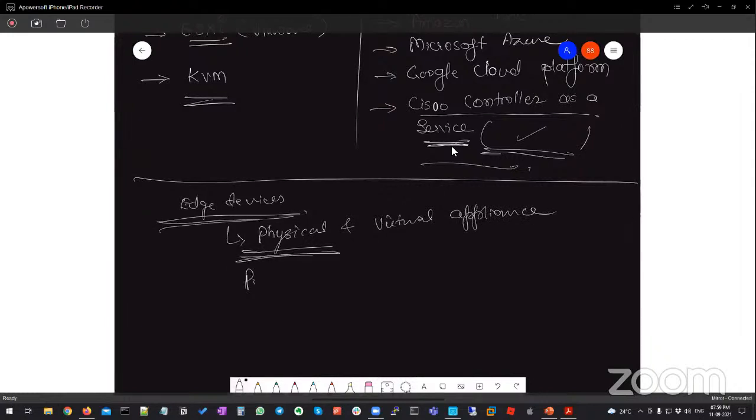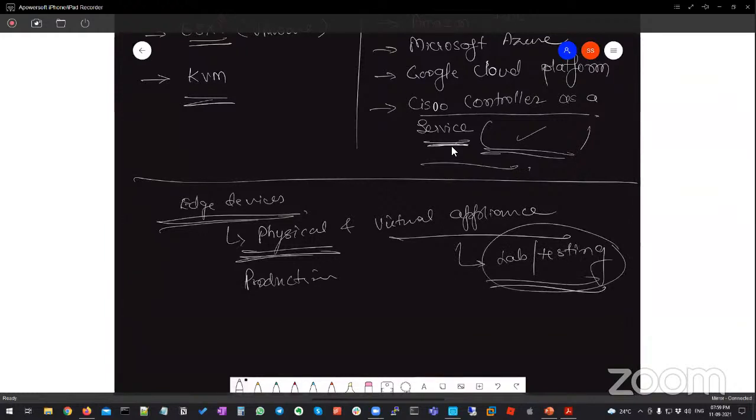Physical is used for production, and virtual you will use only for your lab or testing environment. So do not use your virtual edges in production, because again they have a limitation of bandwidth. You can go, I guess, up to 10 Mbps only. So do not use virtual appliances for your production traffic. You need a physical appliance.